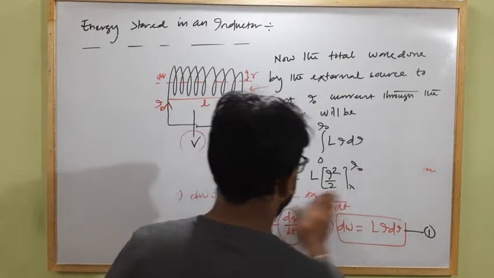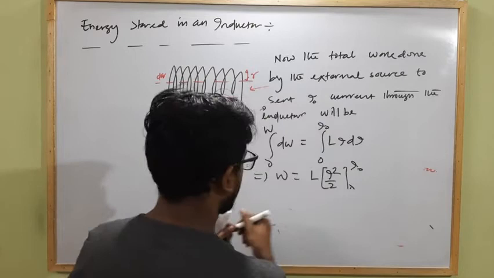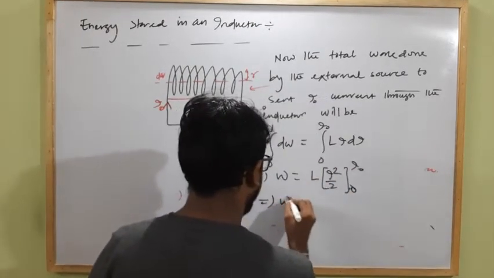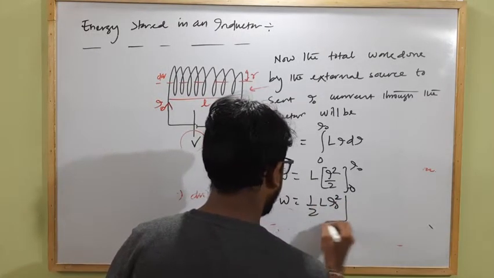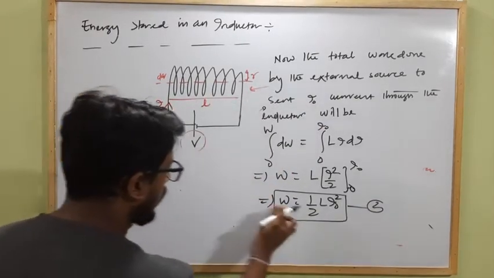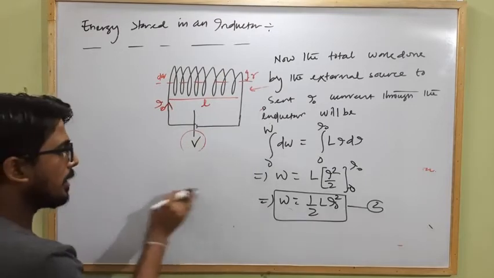Clear? So this will become how much? This implies the net work done W equal to half L I naught square, equation 2. And this amount of work done by the external agent will be stored within this inductor as what? Magnetic energy.